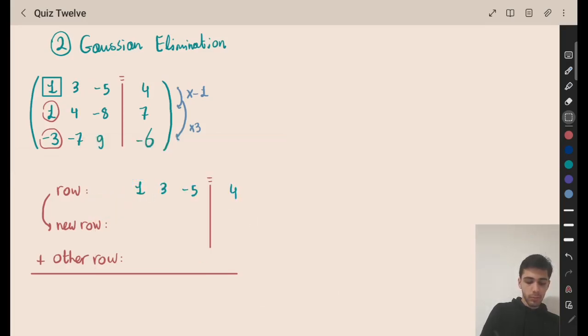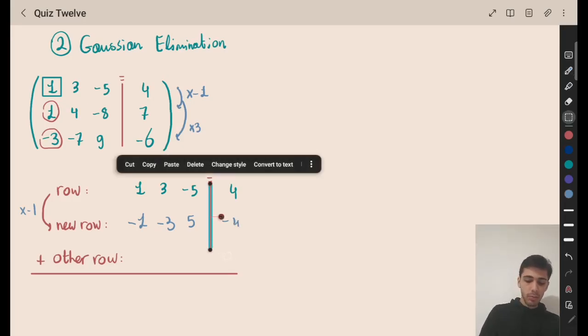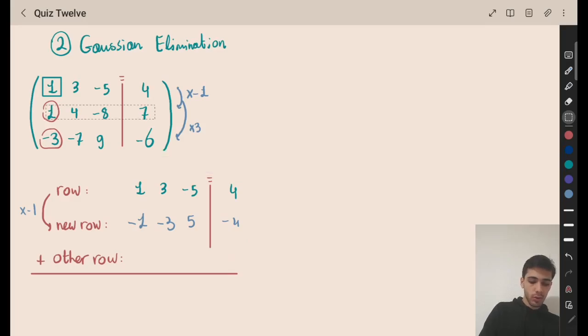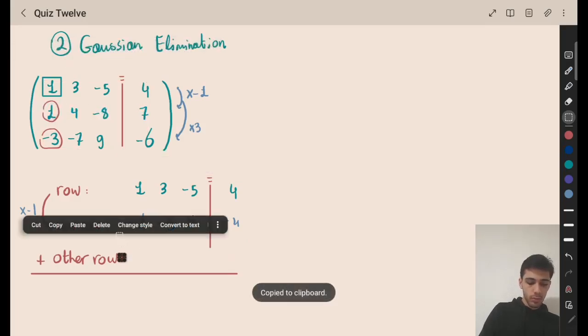This is our row. We're multiplying by minus 1. So this will be minus 1, minus 3, and 5. This will be minus 4. This is my new equation. Now remember, I'm adding this to the other row, which is the second one.